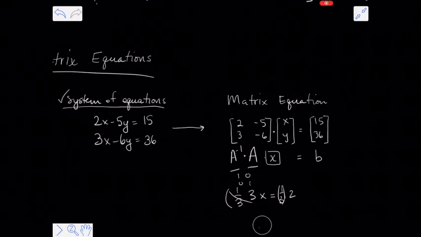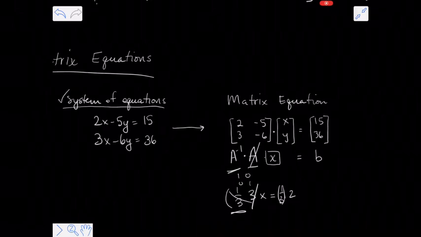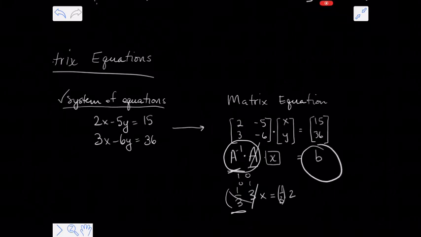So we're essentially eliminating that value by multiplying by its reciprocal, by its inverse. But since we have an equation, you've got to do the same thing on both sides. So if I multiply over here by the inverse, I also have to multiply over here by the inverse.